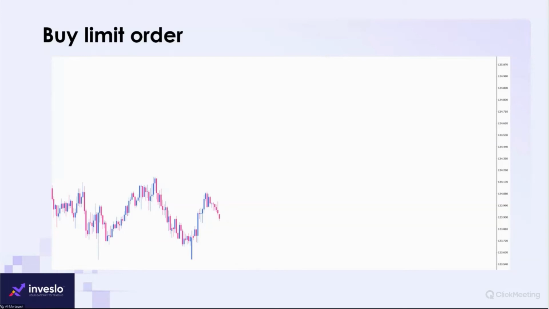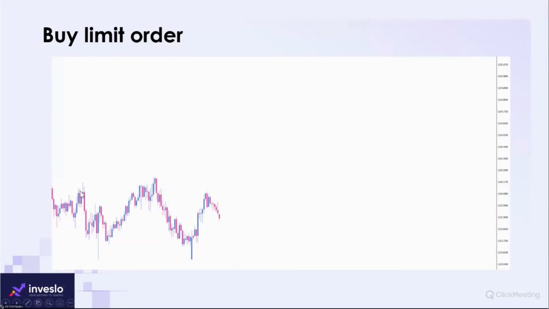Buy limit orders are designed to get you to the lowest level that you think is lower than the current market price, where the downward movement will be limited by the market. So that would be the lowest low, or lowest bottom, of the market.